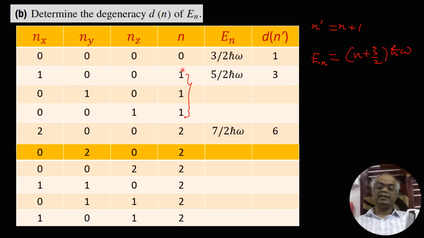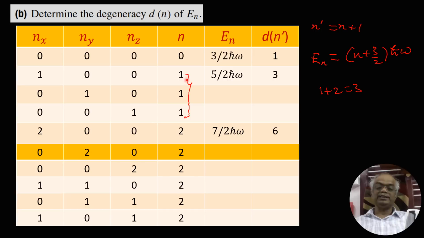In the first case, n is 0, that means n prime is 1. Here n is 1, so n prime will be 2. That is, 1 plus 2 you will get 3. Here n prime is 1, here n prime is 2, that is n plus 1.